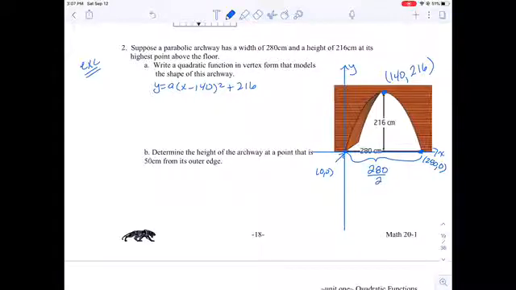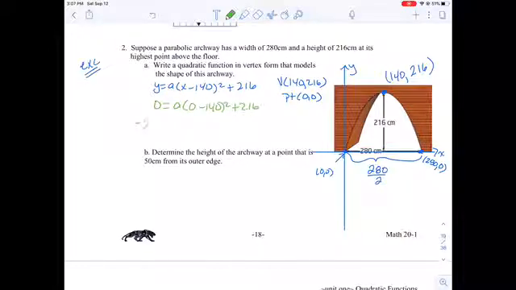I can use either of those two values, 0, 0 or 280, 0. 0, 0 is really easy to use. So I'm going to use my vertex, which was 140, 216, and the point 0, 0. If I plug in 0, 0, I get 0 is equal to a(0 minus 140) squared plus 216. I'm going to take my calculator and subtract the 216 first of all.